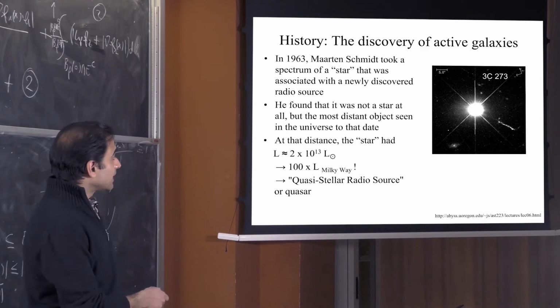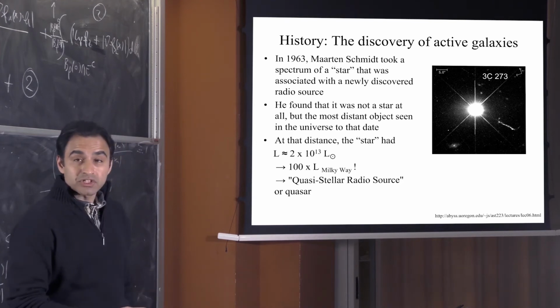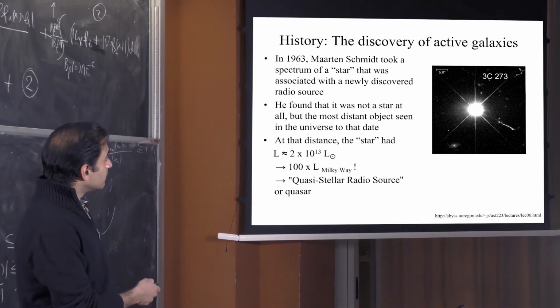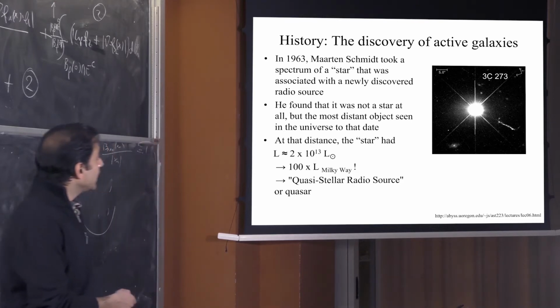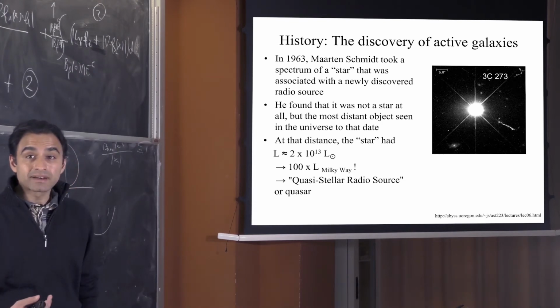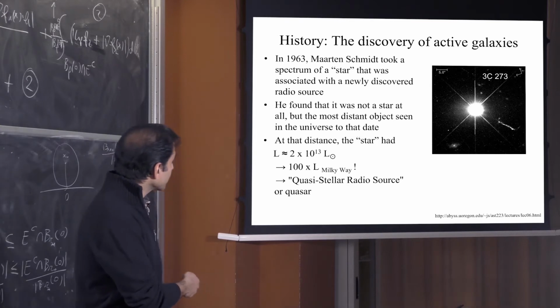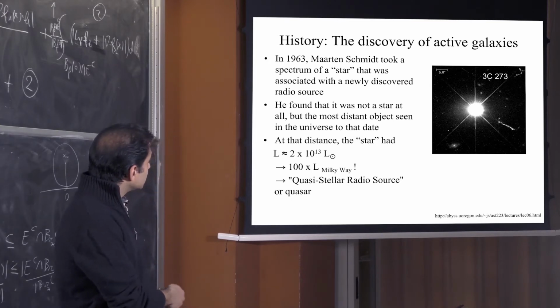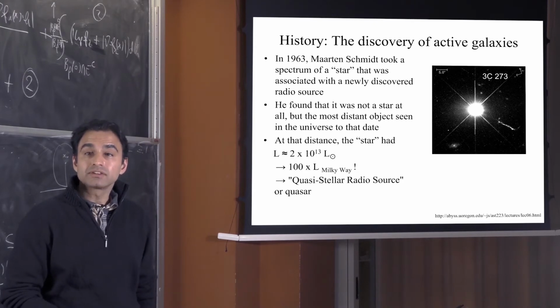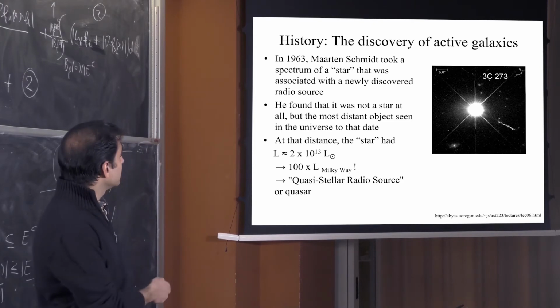And this is the reason why the very first observations of these sources were not that clear, and the astronomers started believing that they were observing stars. This is the origin of the name quasi-stellar source, or quasar.